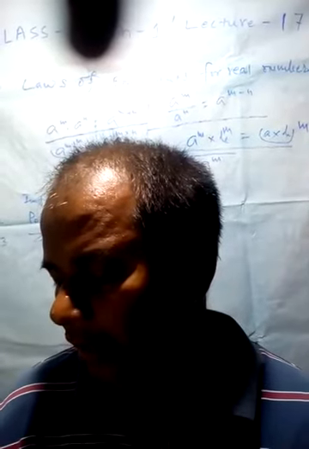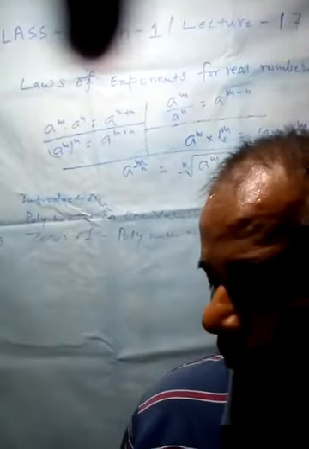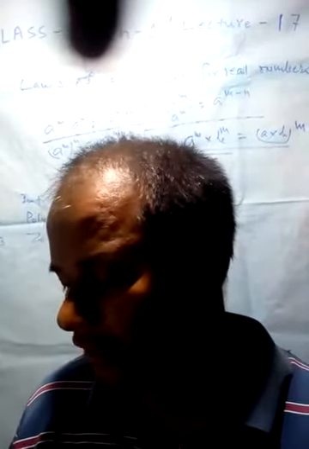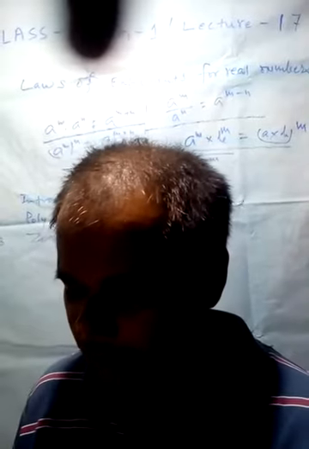In section 1.4, we defined the nth root of a for a real number a greater than 0 as follows. Let a greater than 0 be a real number and n a positive integer.